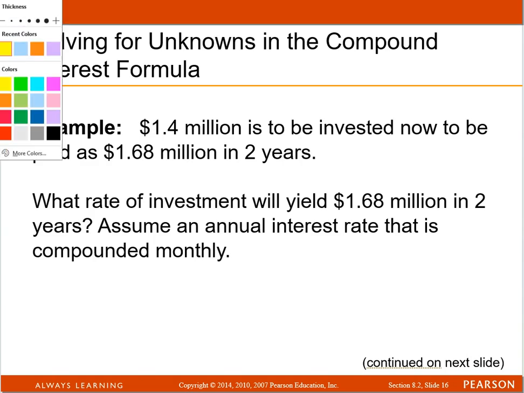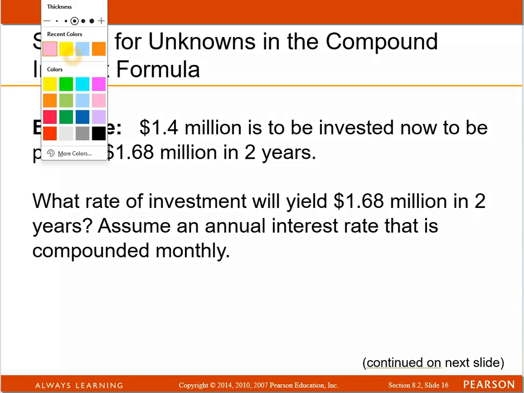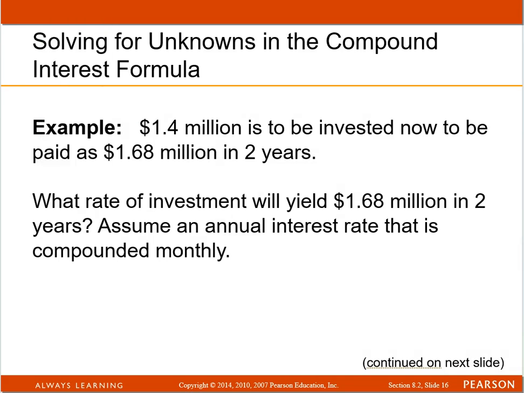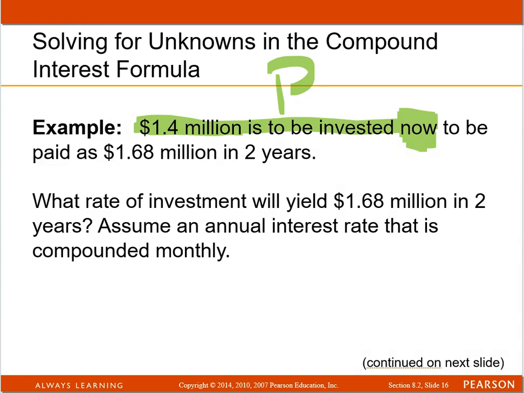Okay, here we go again. They're going to invest, I'll use green for the investment. 1.4 million is to be invested now. That makes this P. And it's going to be paid as 1.68 million.